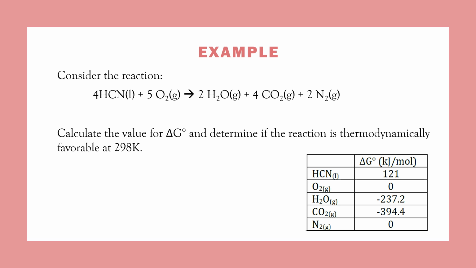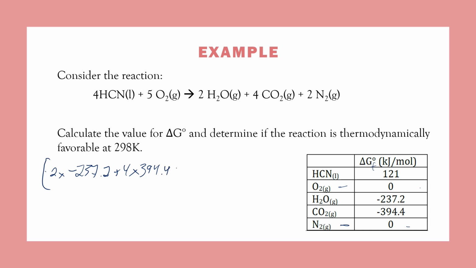Here's another reaction they give us, and they want us to calculate the value of delta G. And they give us some of these delta G formation values, and notice that the elements in their standard states have a value of 0. So what you'll do is the products. You'll do 2 times the value for water plus 4 times the value for CO2.